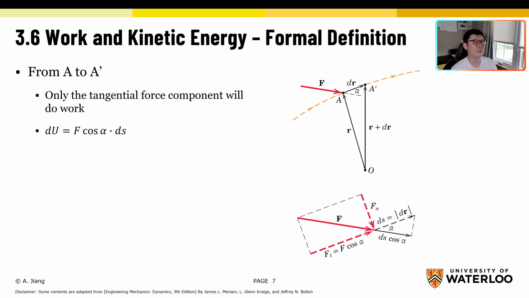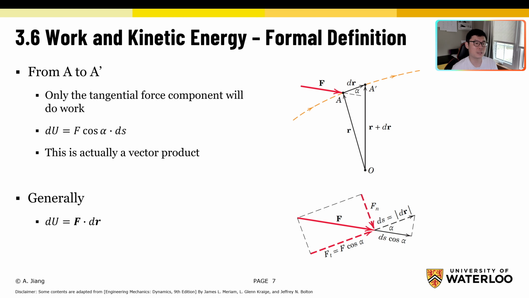Now we can look at a more generalized scenario. From A to A prime, this equation actually comes from a vector product, F times cosine alpha times ds. The alpha is the angle formed between force and distance. The more generic equation for work is dU equals the force vector dot the d position vector.